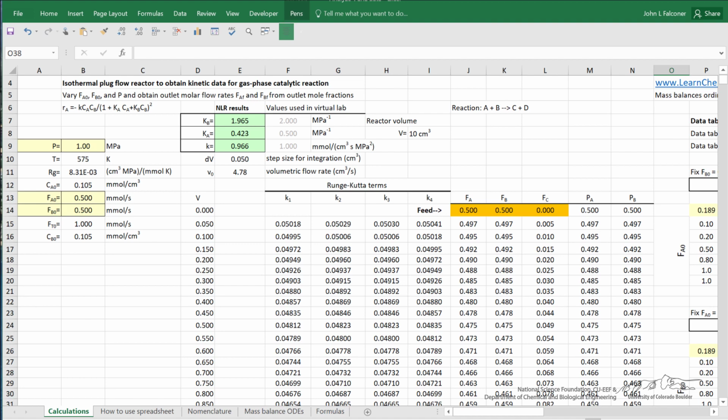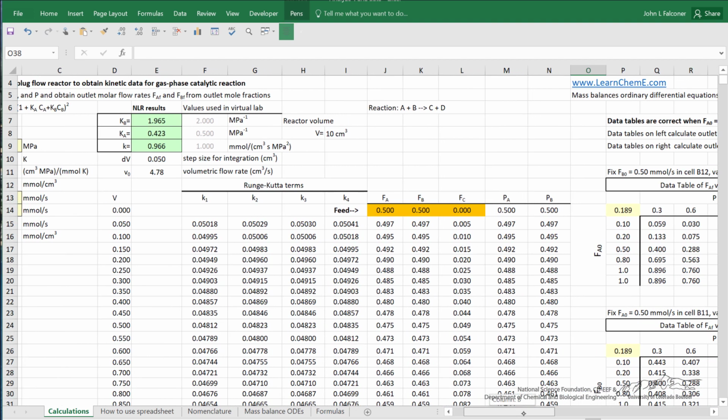The actual values that are used to generate the original data in the virtual laboratory are shown in these grayed out boxes. Of course, if you are using the virtual catalytic reactor, you won't know these values. That's what you're trying to determine. So they're included here to give you an idea for 20 measurements how close we get to the actual values. So these nonlinear regression results you can see are reasonably good for at least KB and rate constant K.